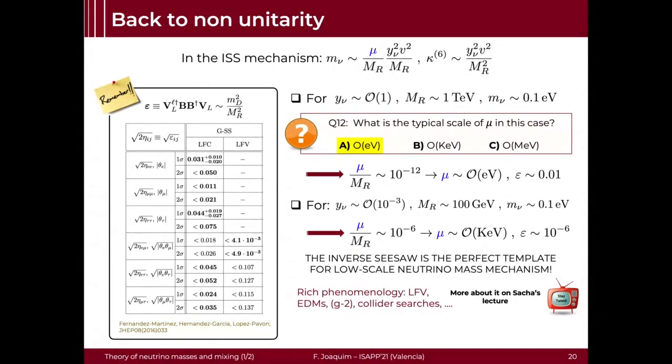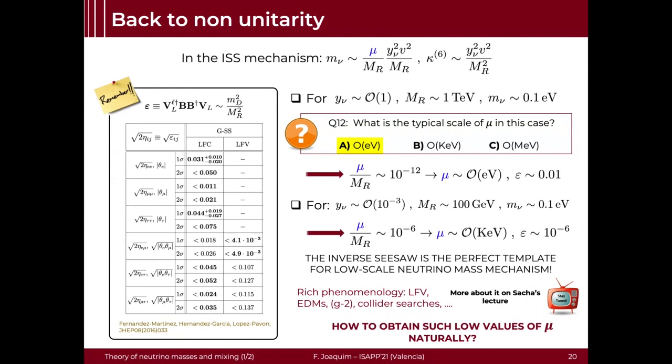So the inverse seesaw actually is the perfect template for low-scale neutrino mass mechanism, and it has a lot of phenomenological consequences, like lepton flavor violation, electric dipole moment, g-2, collider searches, etc. I believe that Sasha will tell you more about, at least about lepton flavor violation from the effective theory point of view.